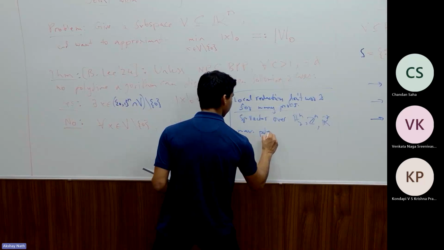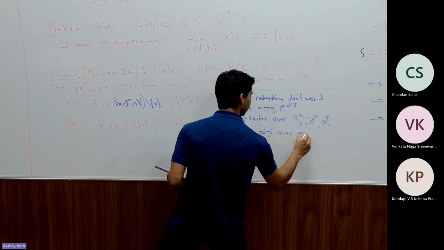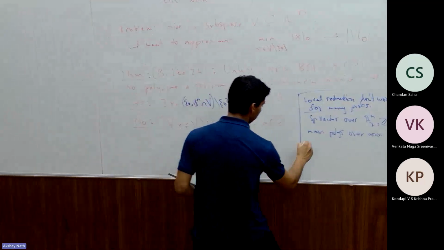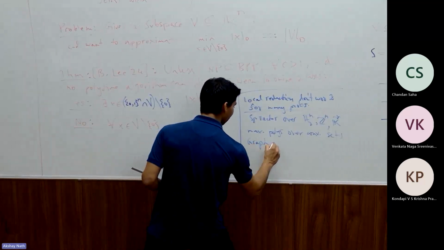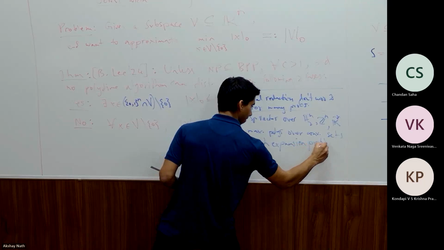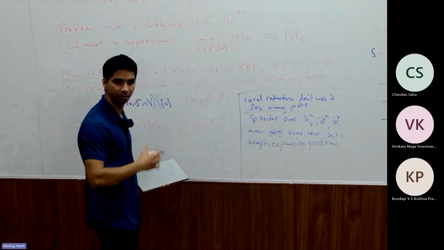Maximize polynomials over convex sets, those reductions break. Graph expansion problems, and so on. So this list goes on.